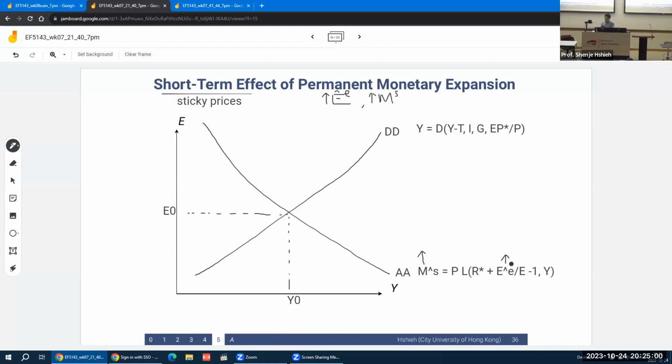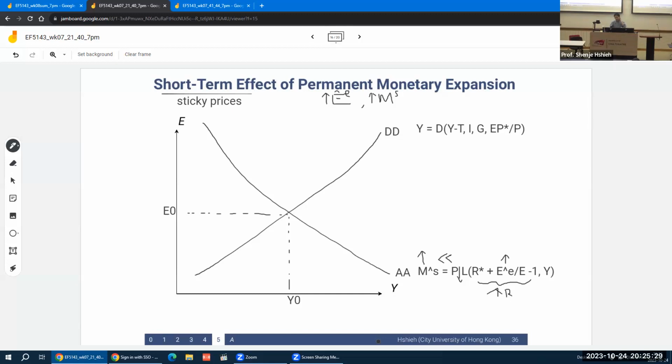With this term increasing, R is increasing, and therefore this entire expression is increasing. And L is decreasing, right? So with a higher left-hand side and a much lower right-hand side, the gap between MS and P times L is very large, right?